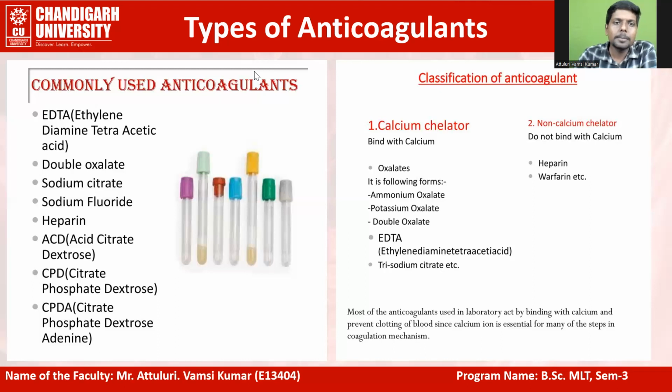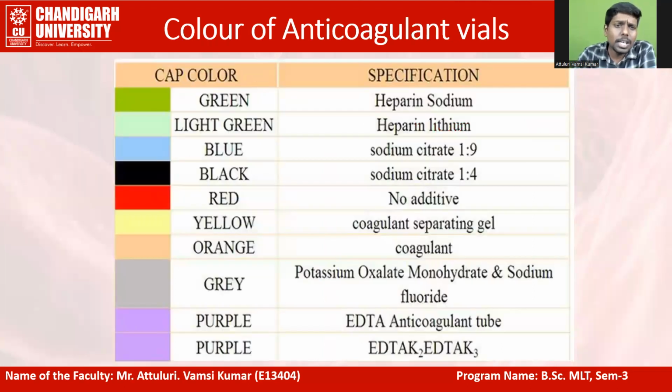There is a specific color coding for the various anticoagulants used in labs. The blood will be stored in various vials or small test tubes, and these test tube caps have various colors. Usually, purple is used for EDTA.